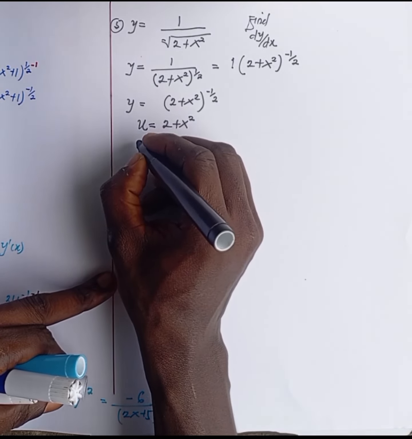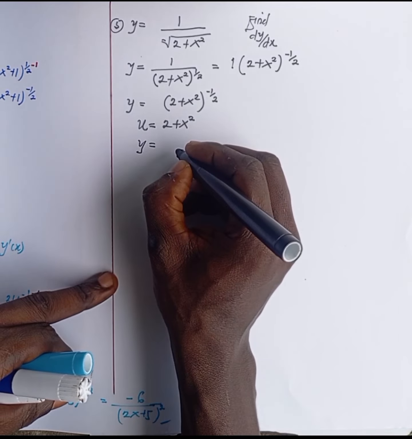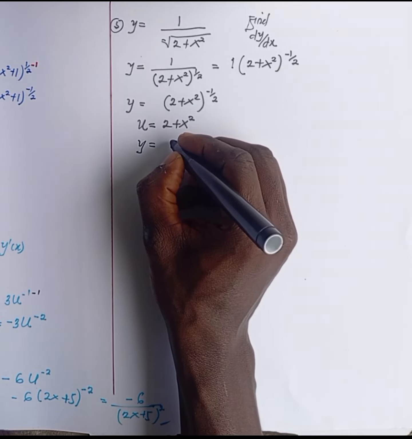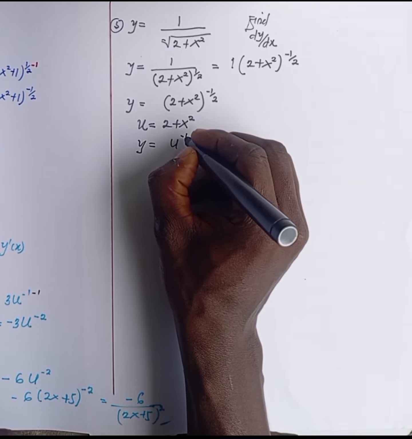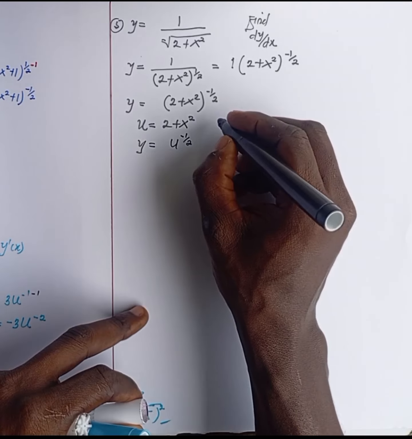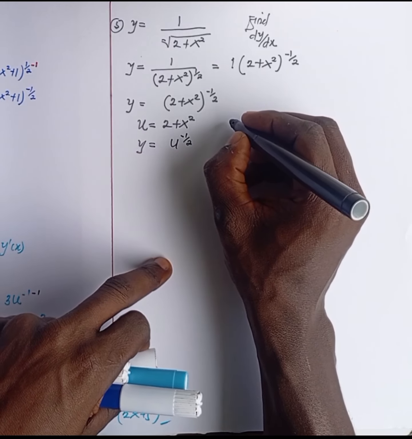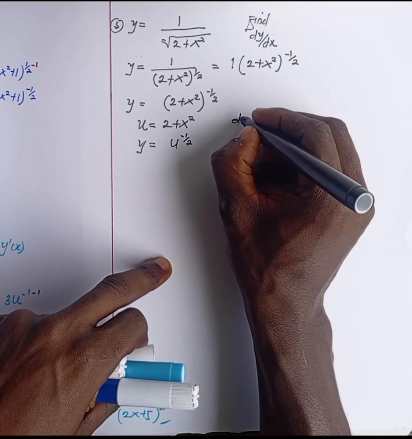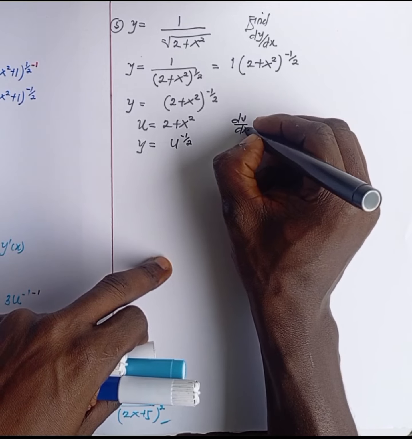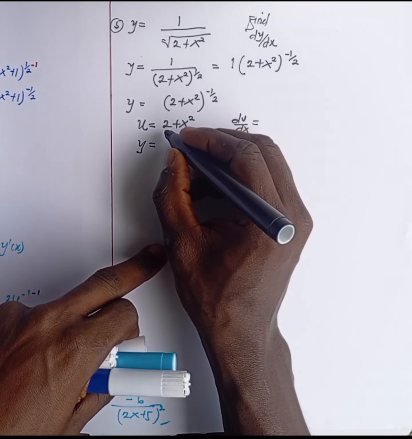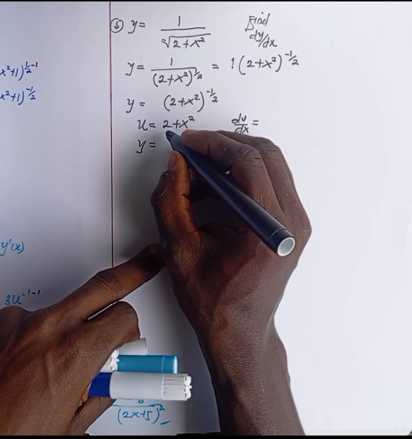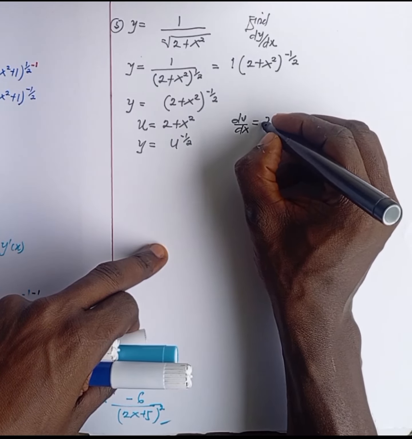So our function y will become what? It will become u exponent negative 1 over 2. So we are going to differentiate this function, du with respect to x. That is going to give us du/dx. And we are going to get, when we differentiate a constant, we are getting 0. When we differentiate x squared, we are getting what?